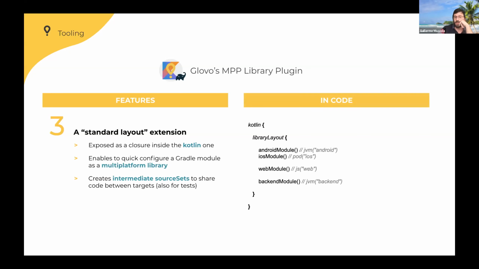So this is how the DSL looks like. You can declare whether your project will be an Android one, a mobile one, an iOS one, and will be targeting web and can be targeting backend also. And just for lazy ones, we can replace this with mobile, and that will imply internally that we are declaring that this is Android and iOS.